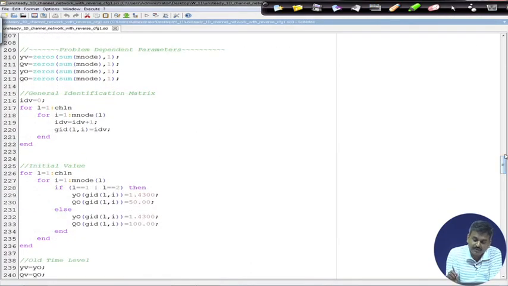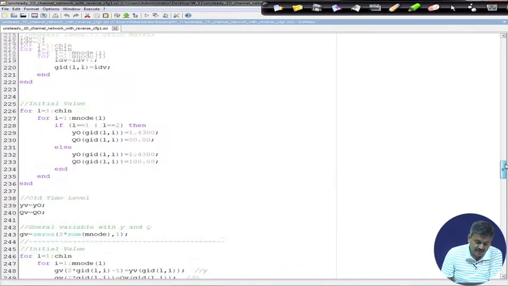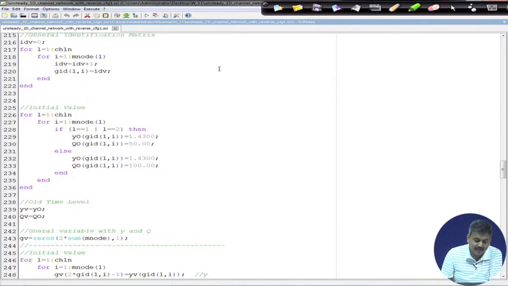So, we need to specify QV, which is Q value at future time level, YV, QV, YO or Y old, Q old, and we have this general identification matrix GID, which we have utilized for our steady state case also. Now, in this case we need to specify initial values.